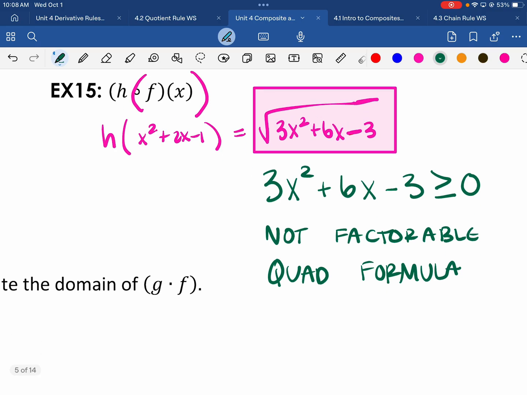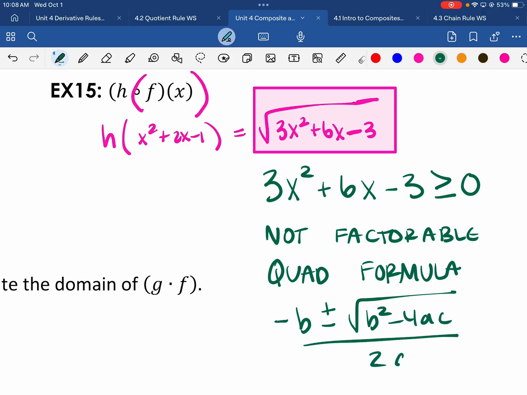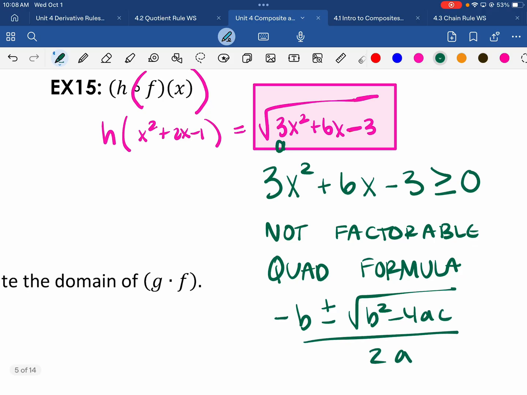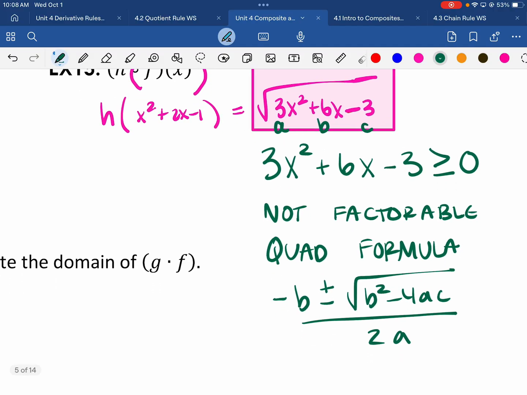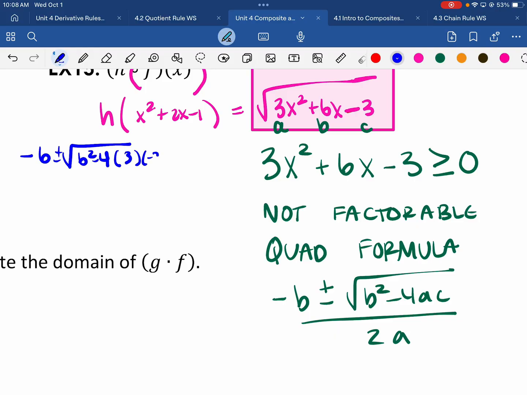I don't think so. Here, we'll do it real fast. Quadratic formula is negative b plus or minus square root b squared minus 4ac all over 2a. So the a is 3, the b is 6, the c is negative 3. So then when you put this in here, negative 6 plus or minus the square root of 6 squared minus 4 times 3 times negative 3 all over 2 times 3.